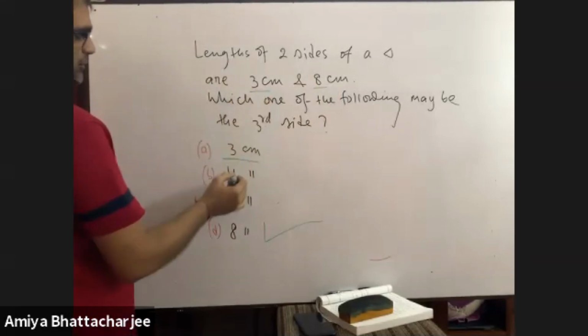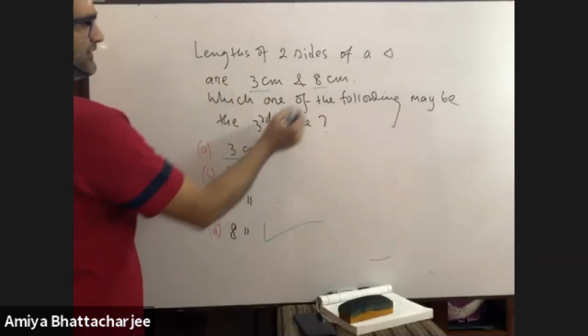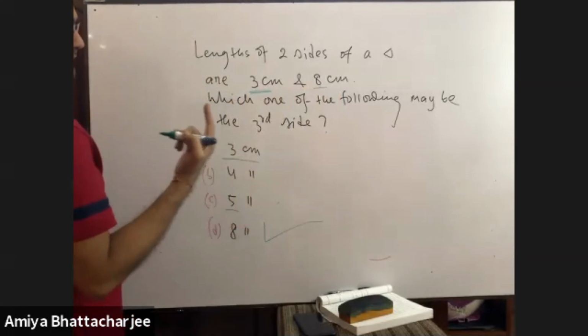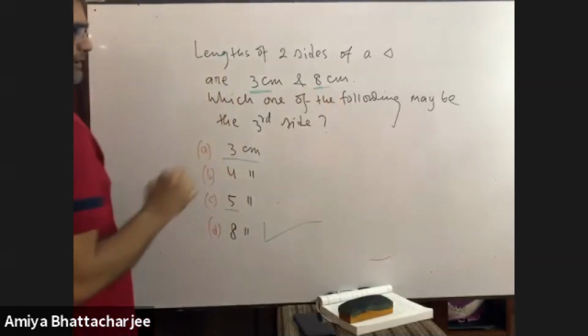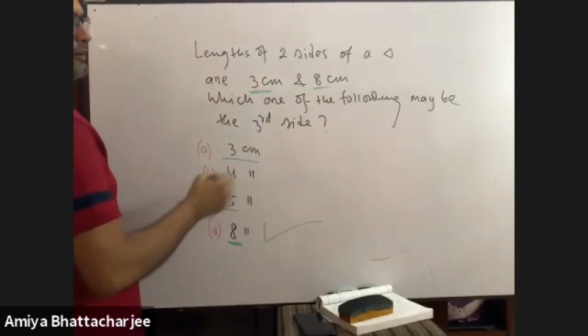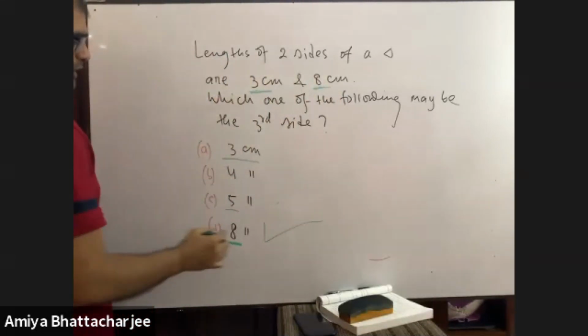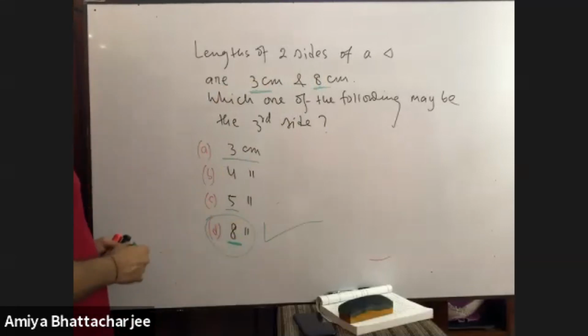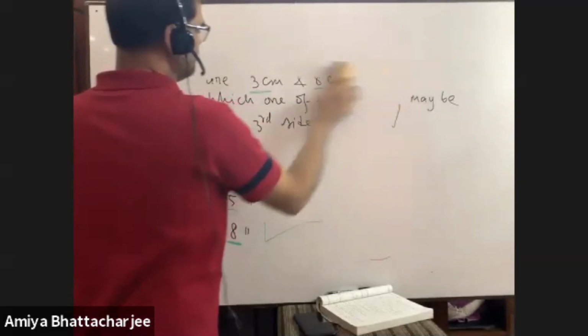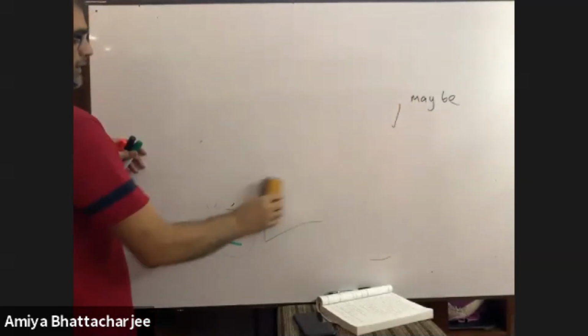This 3 plus 4 is 7, that is less than 8. This 3 plus 5 equals 8, that is equal to 8, not greater than. But here, 8 plus 3 equals 11, which is greater than 8. So our answer is D. This will be given tomorrow.